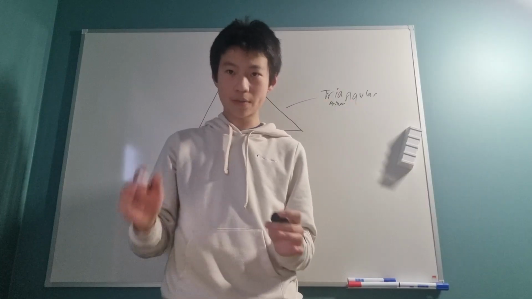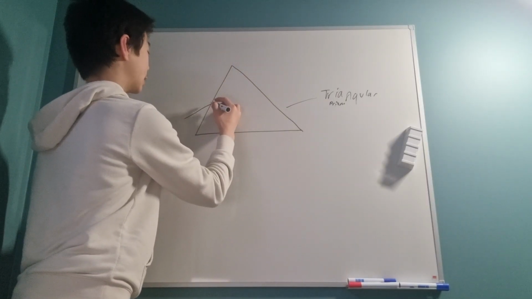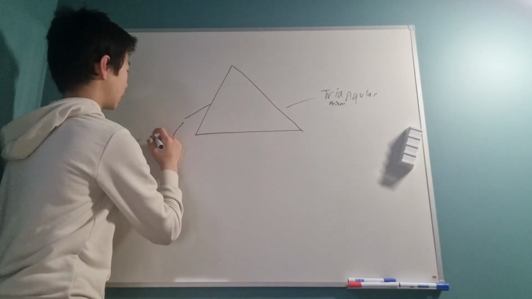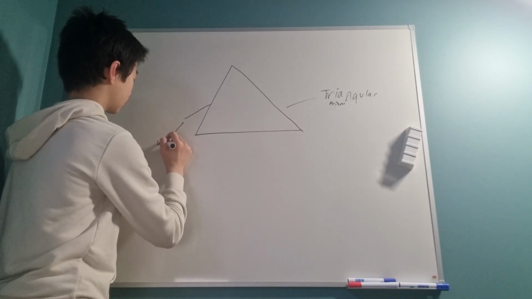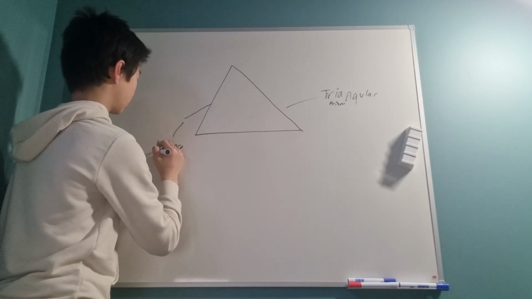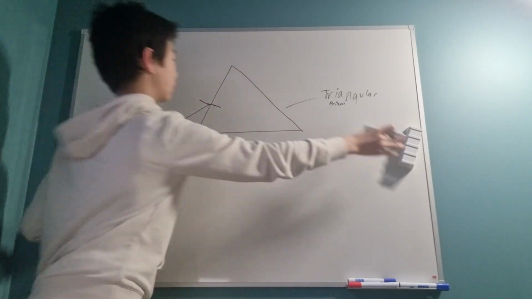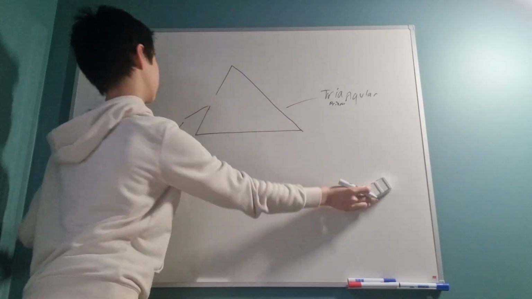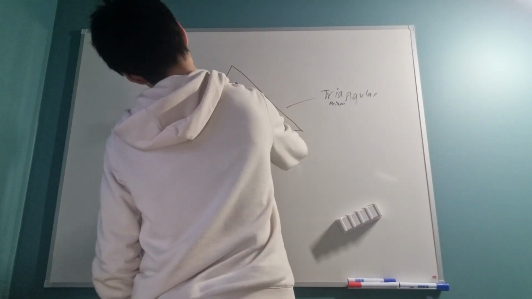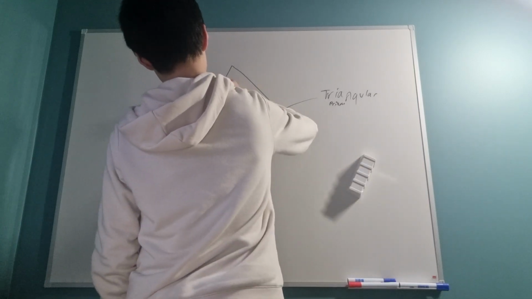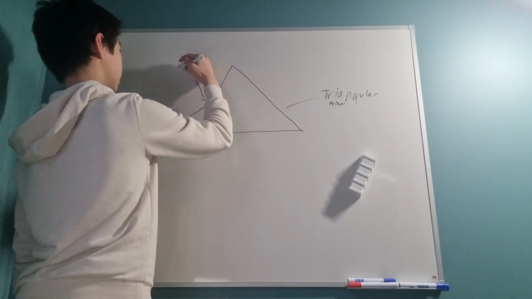First we need a light ray entering it at this angle, and we call this the incidence ray. We also have to make the normal now, so it's going to be perpendicular to this side.